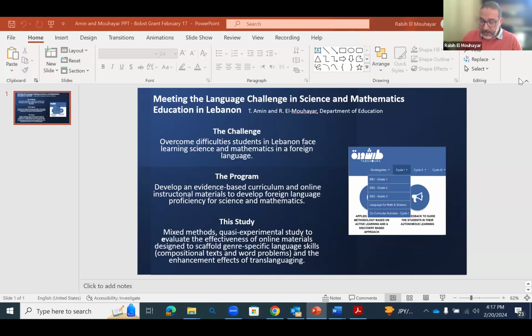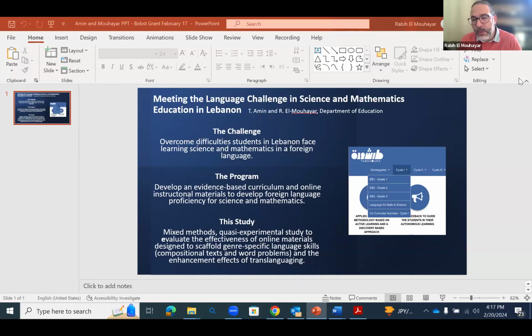And so accordingly, and based on the literature, there is recently a kind of consensus in the literature, whether in math education or in science education, that in multilingual societies or multilingual classrooms, we can use our home language, and in our case, it's the Lebanese colloquial language.